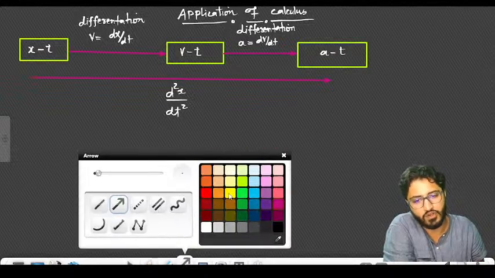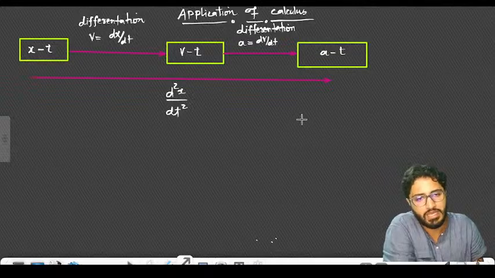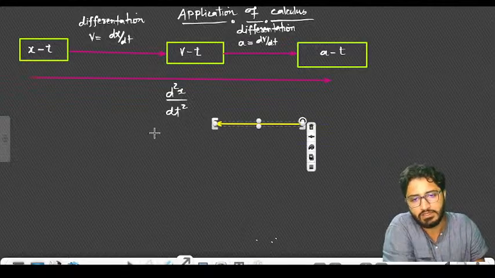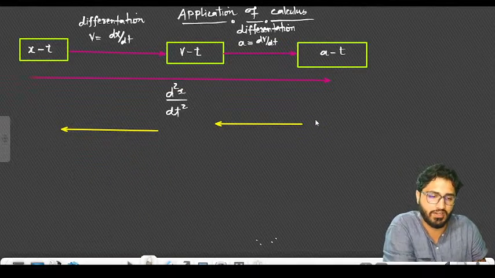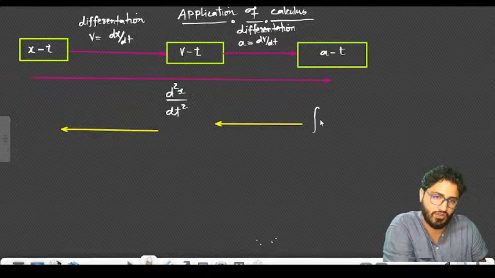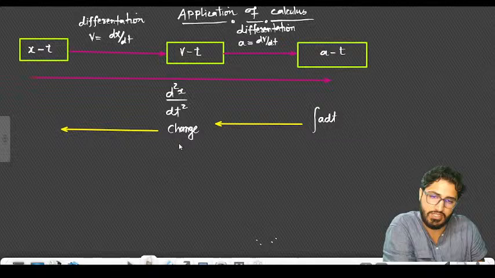The reverse of it is also true. If you are going from a(t) towards v(t), then v(t) to x(t). Look now, if you are integrating it, integration of a with respect to dt, you will get change in velocity.